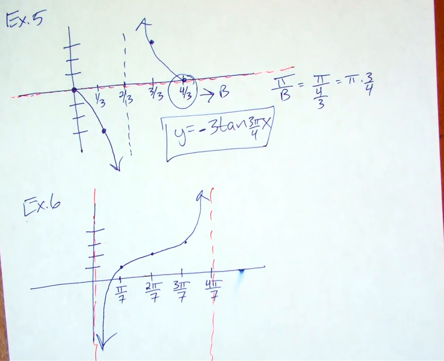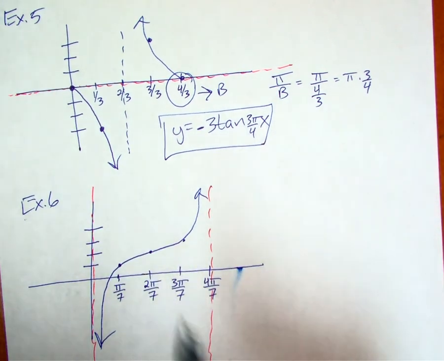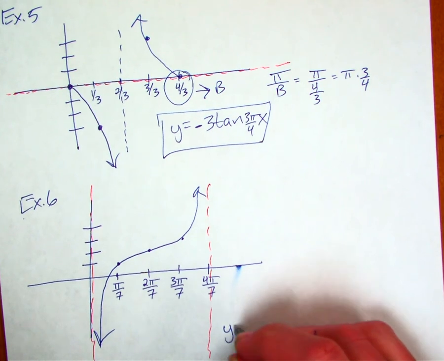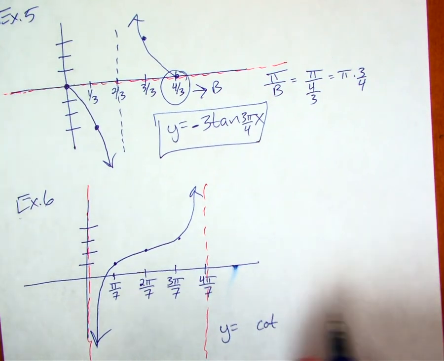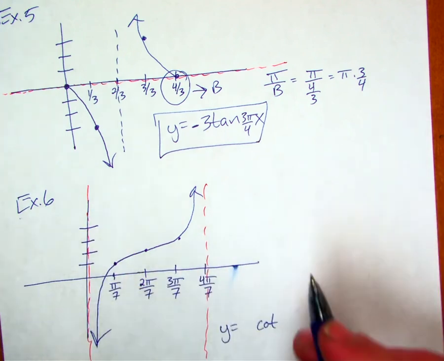All right. There's the function I give you. Write the equation. Hopefully you can tell just by looking at it that this is going to be a cotangent graph because you have undefined on the outside. First one and the last one.